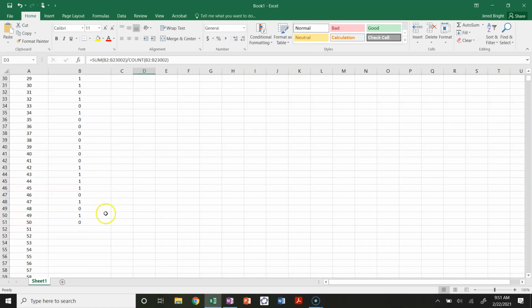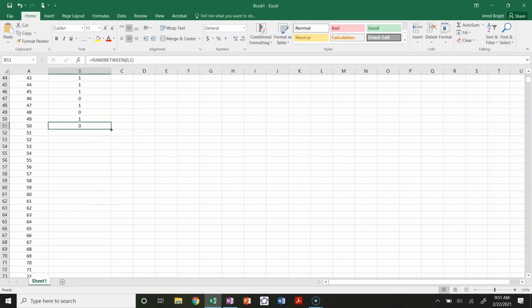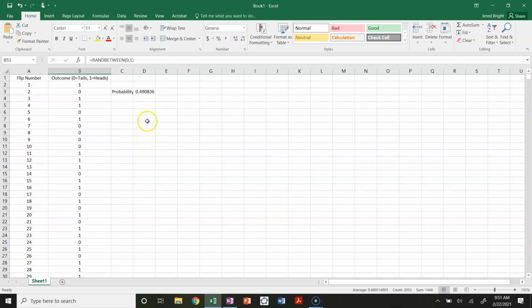Okay, and if I were to extend this much further, you can see the probabilities settle as I flip through them. I did something on the order of 3,000 flips. We're getting much closer to 0.5, and that variation is much less.